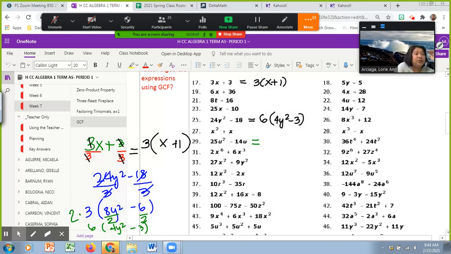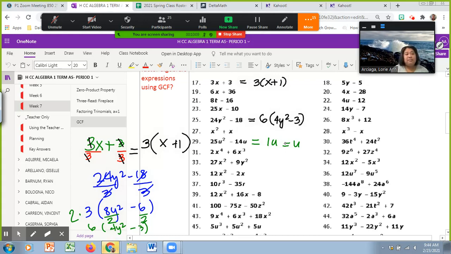It's 1. Good. Now they both have a variable, u squared and u. So what's the lower power of u? Just 1. So u. So your GCF will be 1u, or just put u.